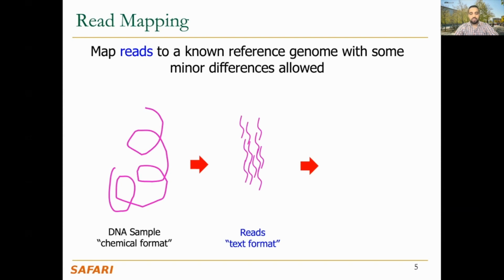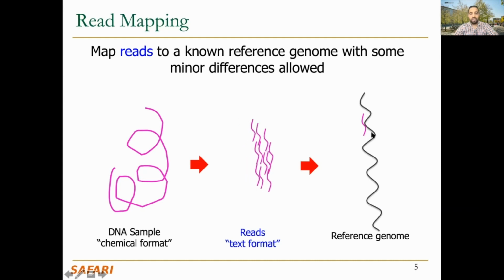Once you get these pieces, your goal is to know the location of every single piece coming from the sequencing machine. You have what we call a reference genome, and you try to map each piece into the reference genome until you finish all these pieces and locate them. Of course, you don't consider it an exact match to the reference genome.